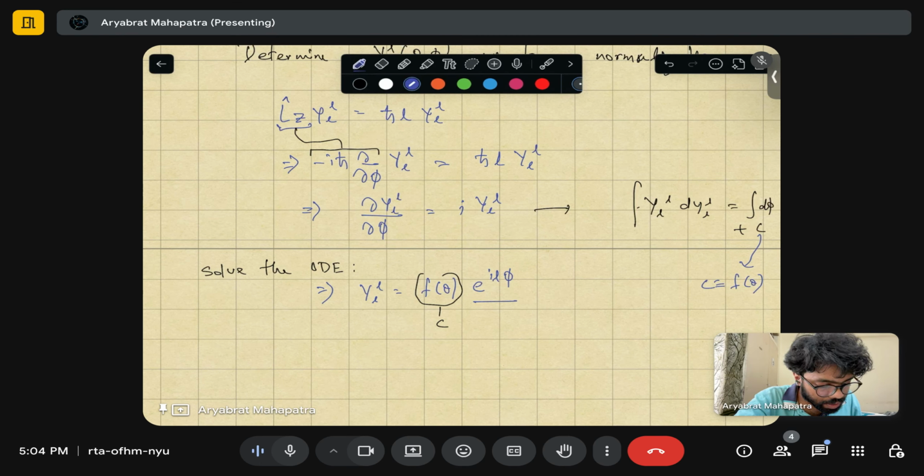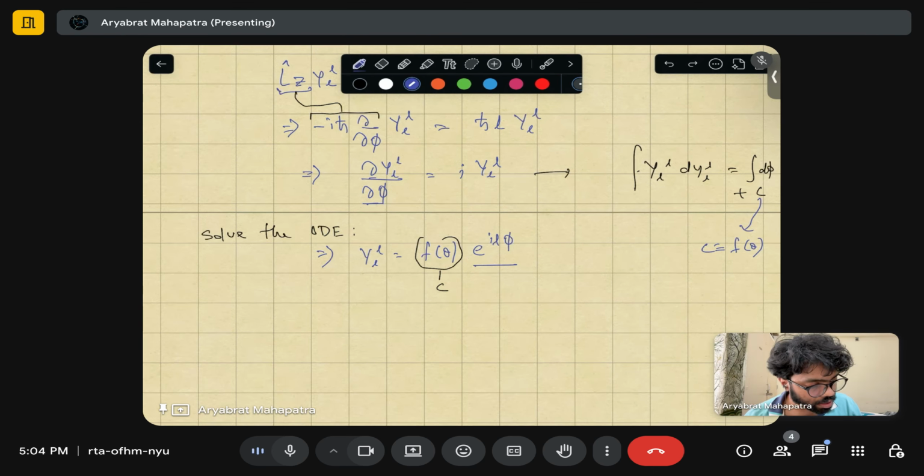These are partial differential equations, not total differentials. I hope you have come across this in your mathematical methods class, where you solve exact or inexact differential equations.